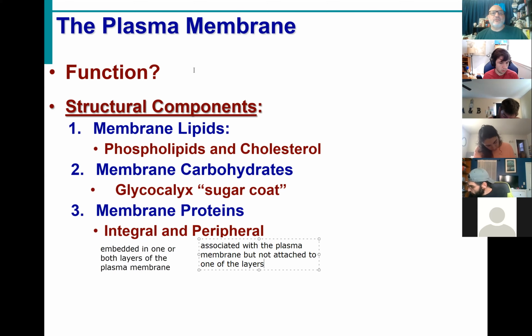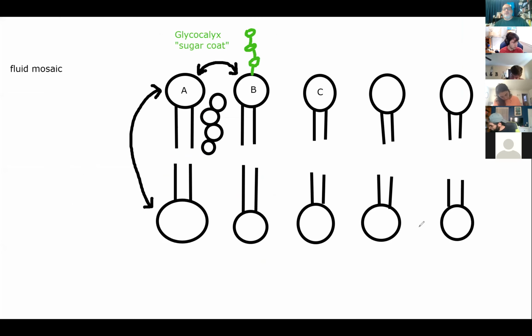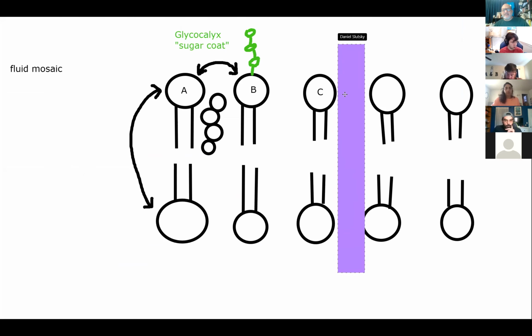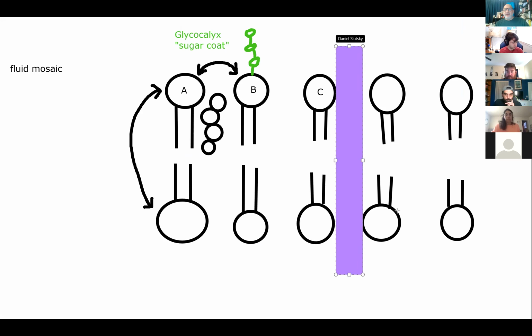Let's go ahead and draw these on our ever expanding phospholipid bilayers. So one example of an integral membrane protein could be something like this that goes through both layers of the plasma membrane. In this case, this would be an integral membrane protein.